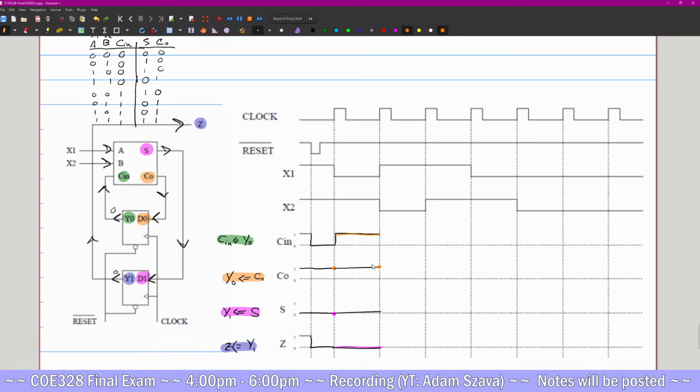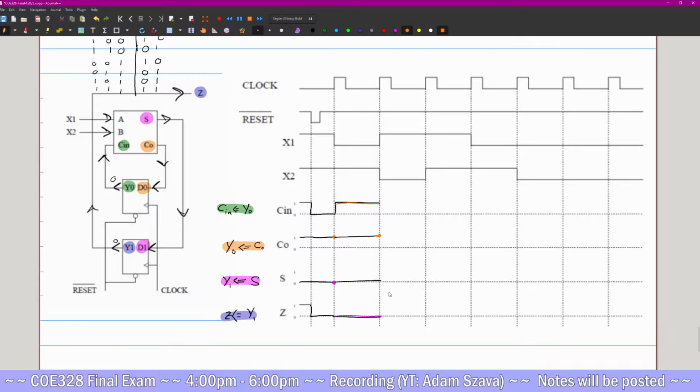So we have these values. Let's just make sure everybody's following so far. Pretty good, right? The values of C0 and S, the carry out and the S, depend on these values. The value of C in depends on the internal state of the circuit, so we have to update that as we're going.